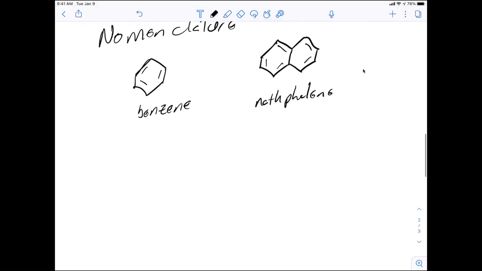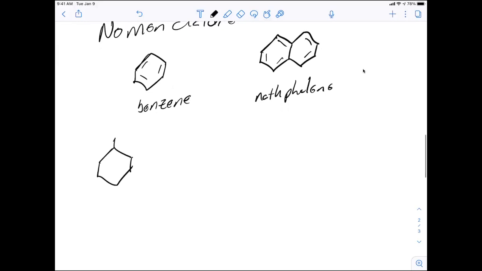But we also can then have a set of names based on the substituents. These are so common that there is a group of base names based on the substituents. So if I put a CH3 on here, this is known as toluene.